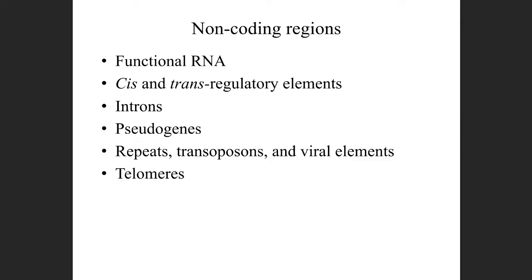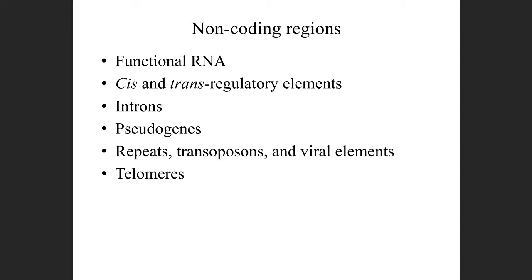There are cis and trans regulatory elements, either near or far from the gene being read. There are large areas of unexpressed genes, introns. There are copies of genes that are not actually being expressed, called pseudogenes. And then we know some of the mechanisms for replications and repeated insertions of groups.